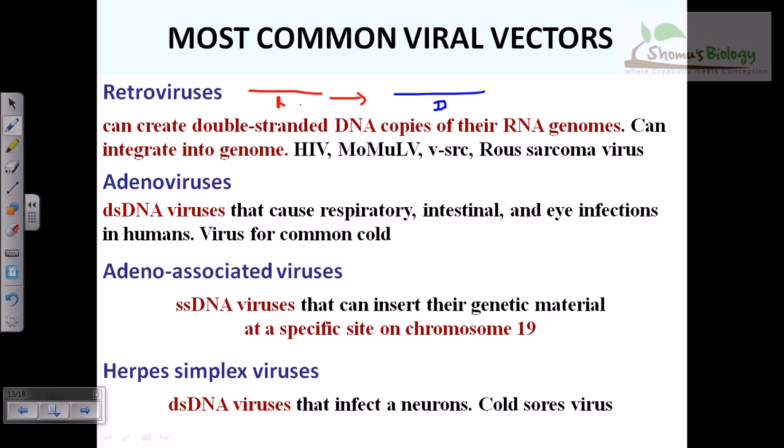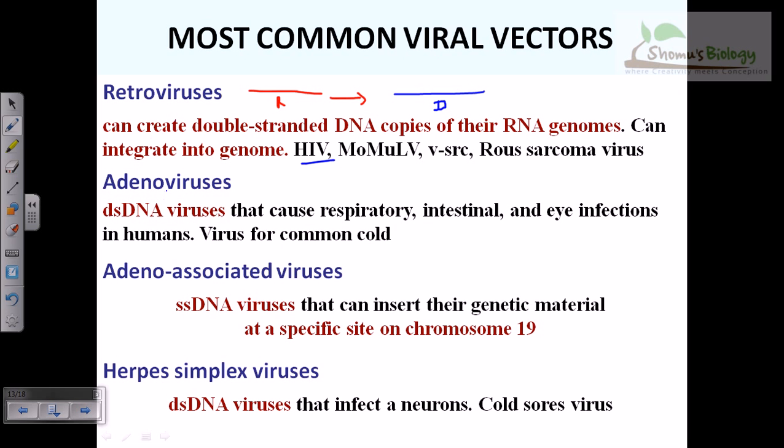They encode the reverse transcriptase enzyme, which can produce DNA from RNA. For example, HIV and Rous sarcoma virus can be used as retroviral vectors.